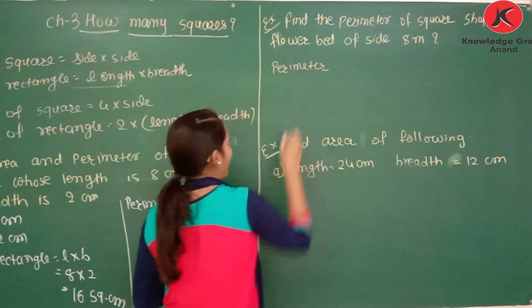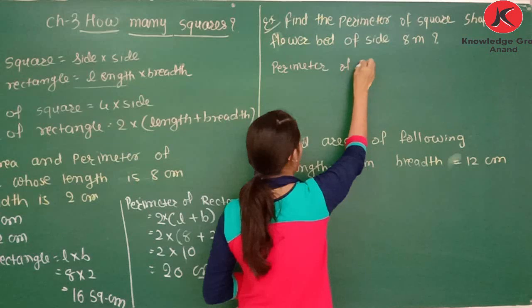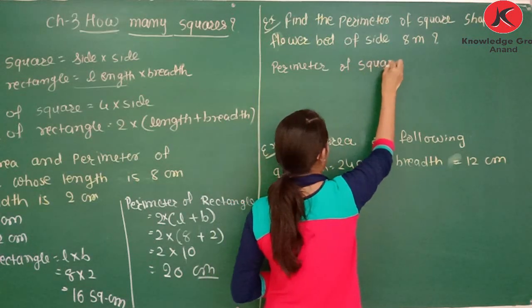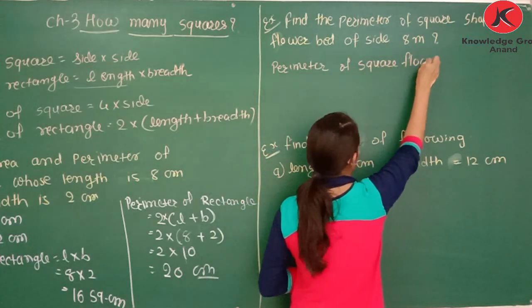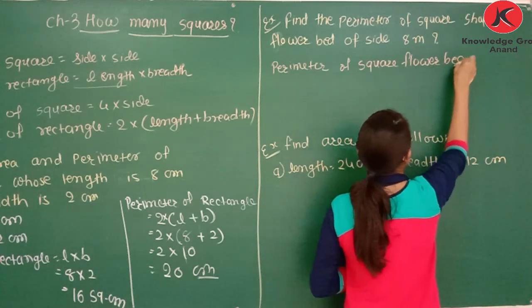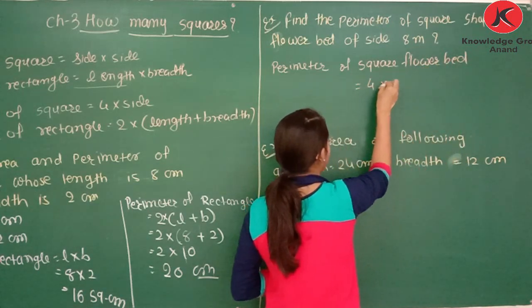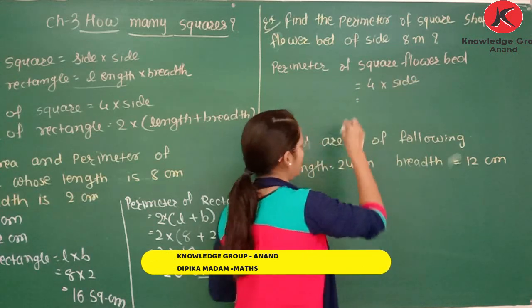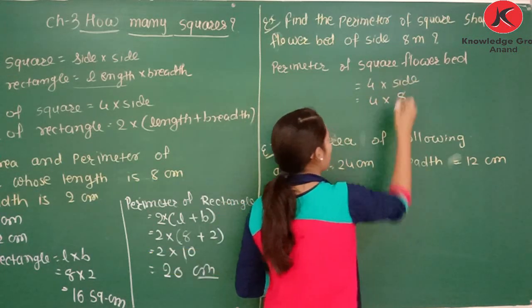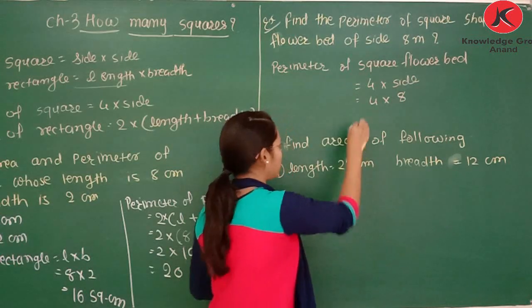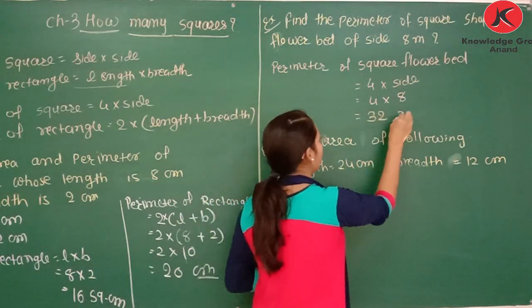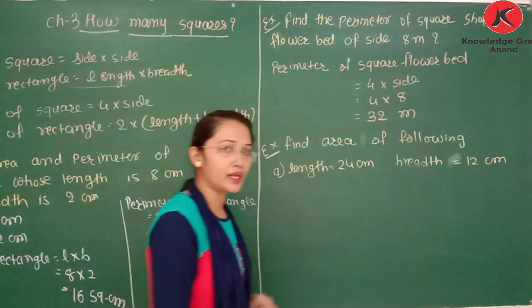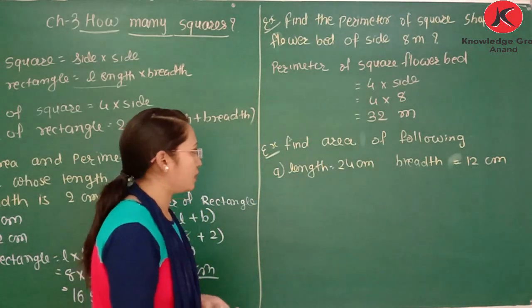Shape is square, so you can write perimeter of square flower bed. That will be 4 multiply side. Now here side is given 8 meter. So 4 multiply by 8. 32 meter is the perimeter of flower bed.